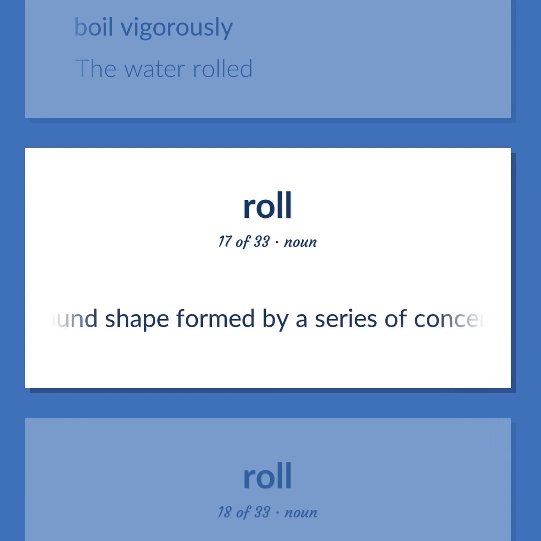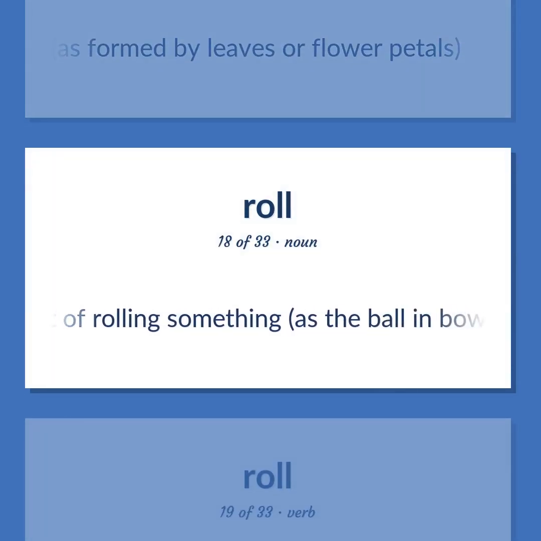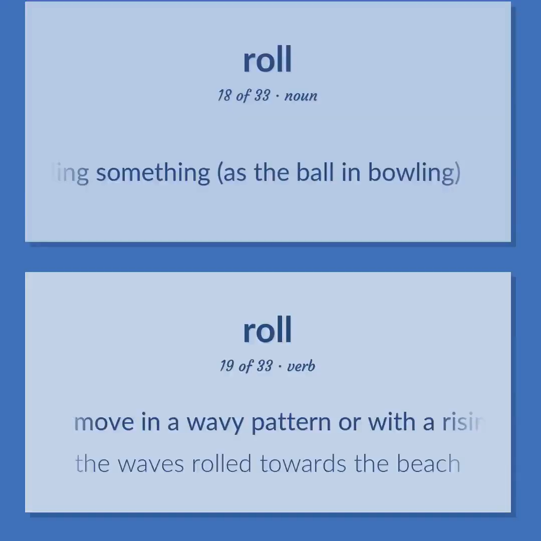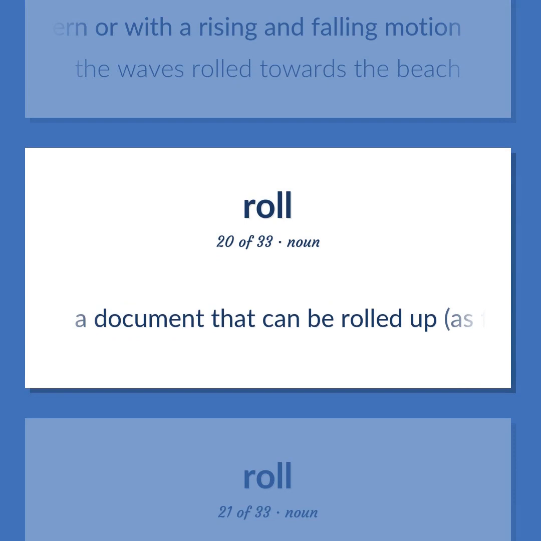A round shape formed by a series of concentric circles, as formed by leaves or flower petals. The act of rolling something, as the ball in bowling. Move in a wavy pattern or with a rising and falling motion. The waves rolled towards the beach. A document that can be rolled up, as for storage.